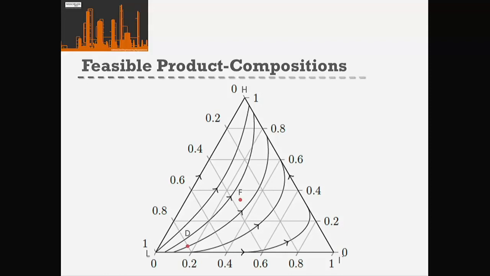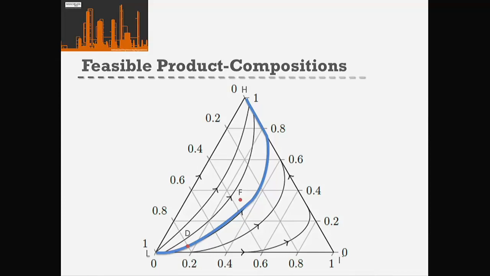Okay? So if we think that we've got a specification for a distillate product that's here, what we want to do from this is find, well, what's the composition of the bottom product? So we can use those two pieces of information and say, right, we know that our bottom product must lie somewhere on this same residue curve.